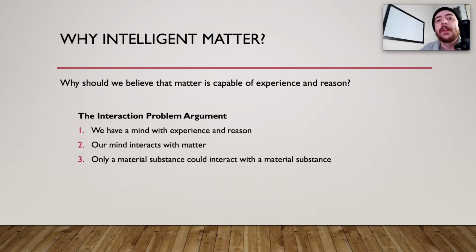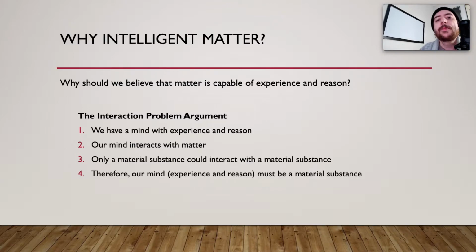According to Cavendish, only a material substance could interact with a material substance. It's mysterious how an immaterial substance could get matter to move. And so, therefore, our mind, our experience and reason must themselves be material substances, is the idea.